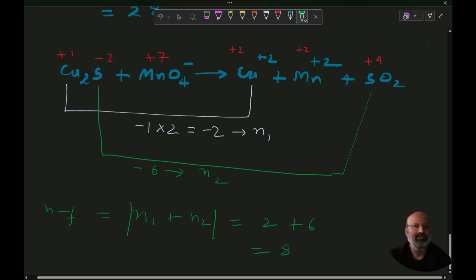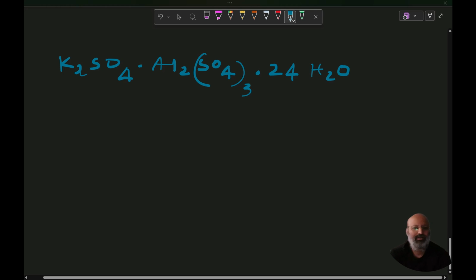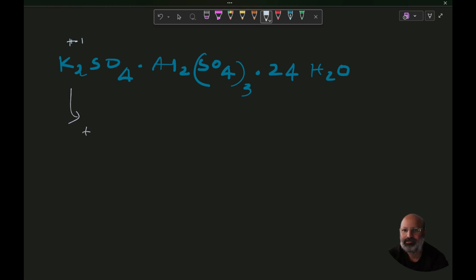Now let's take the last example. Relatively, finding n factor for a salt is very easy. You only need to count the total positive charge or the total negative charge. Okay. So in that case, here it is plus 1, and for 2 potassium it will be plus 2.